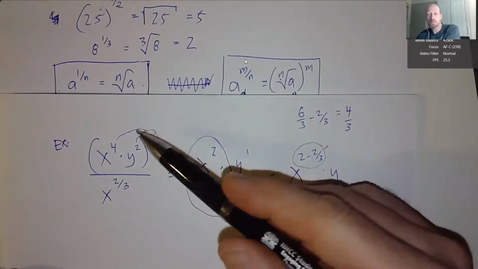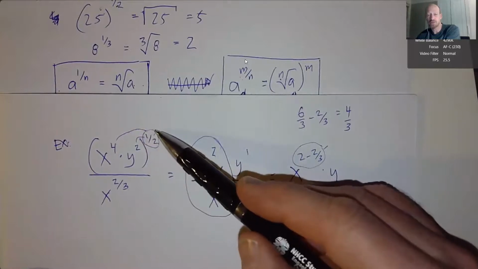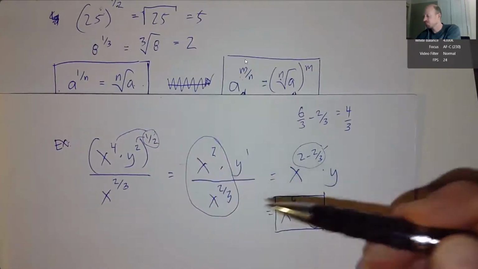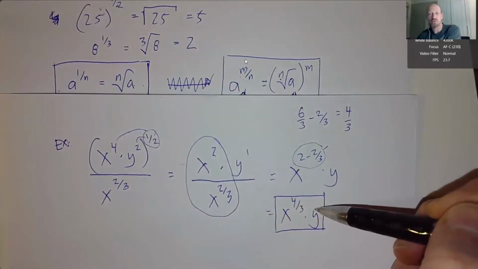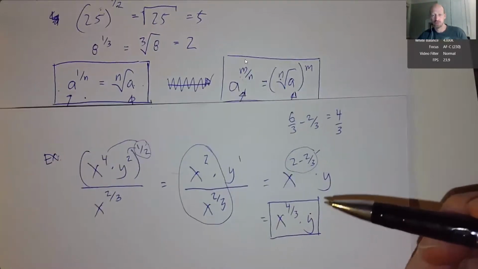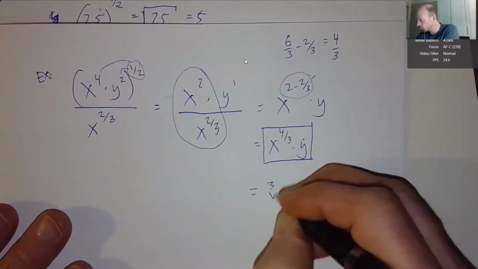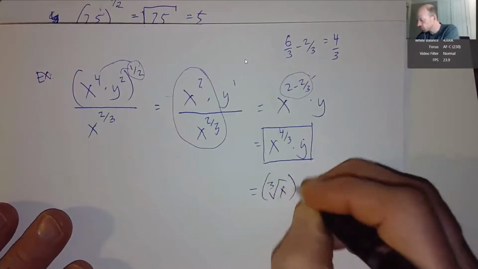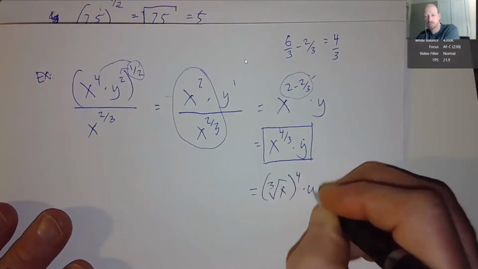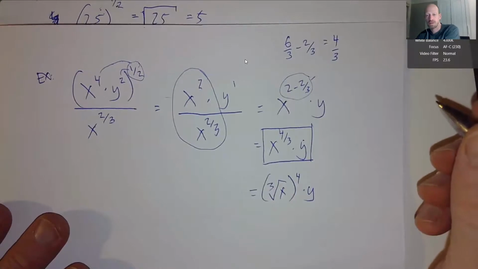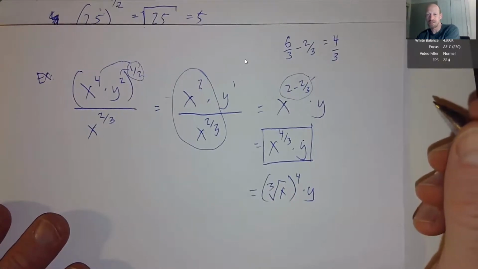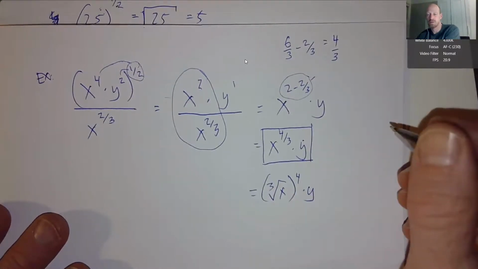And when your problem starts with rational exponents like this one does, definitely leave your answer in rational exponents unless it asks you to write it as a radical. Right? So if I had to, I could write this as a radical. This is the cube root of x to the 4th times y. It's not really better than the rational exponent part.